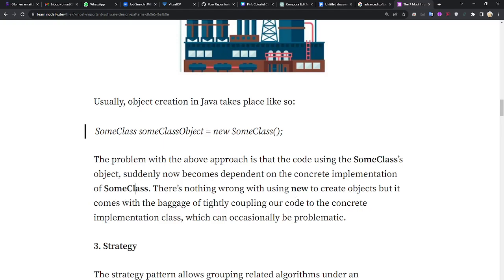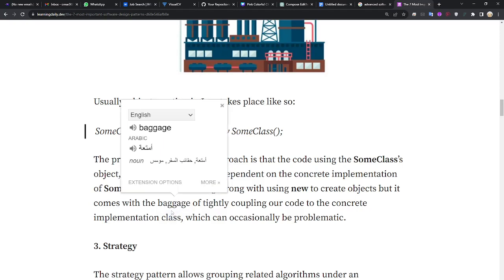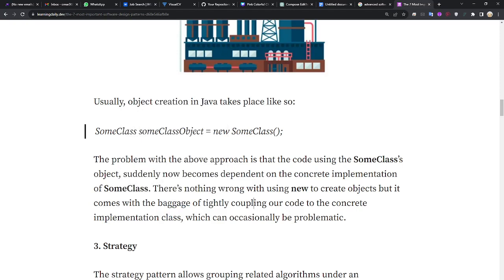There is nothing wrong with using new to create objects, but it comes with the baggage of tightly coupling our code to the concrete implementation class, which can occasionally be problematic.